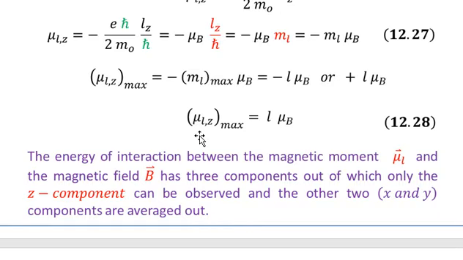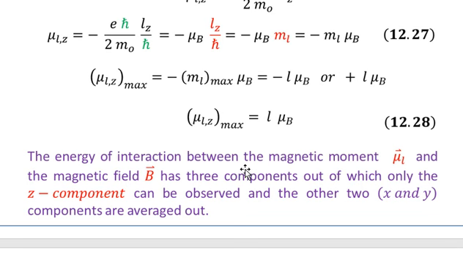Or simply you can write that the maximum value of the z component of the orbital magnetic moment of the electron or the atom is equal to L times mu b, where mu b is the Bohr magneton.